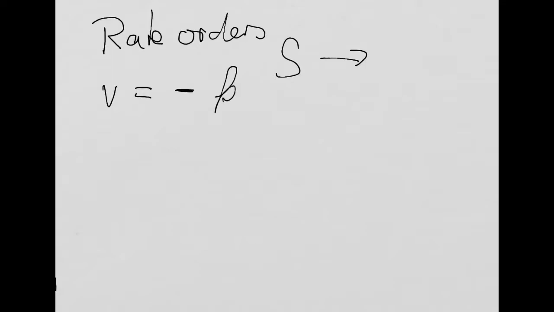Minus K times S, let's say, to the power of 0. What order of reaction is this? What is the rate order of this guy? It's a 0 order because there's a 0 here. So that would be a 0 order.